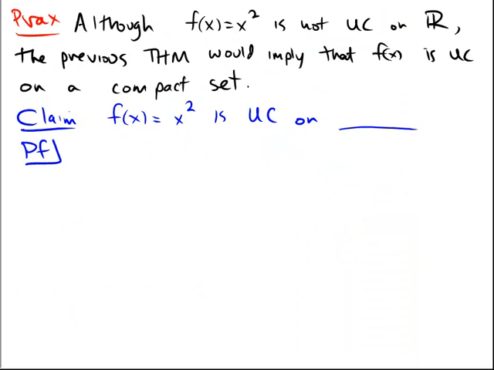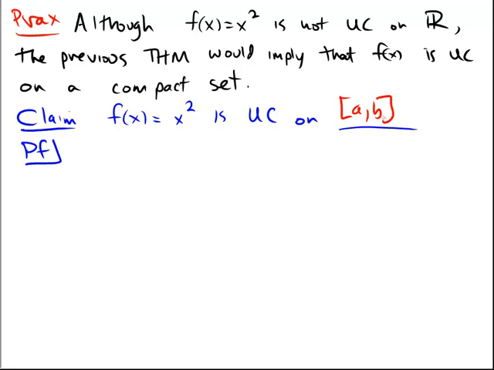Amazing! So although f of x equals x squared was not uniformly continuous on all of R, the previous theorem implies that f of x would be uniformly continuous over, say, a compact set. So f of x equals x squared would be uniformly continuous on a set like, let's say, [a, b].